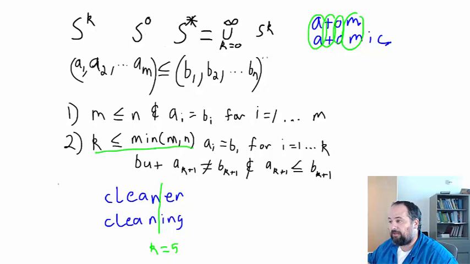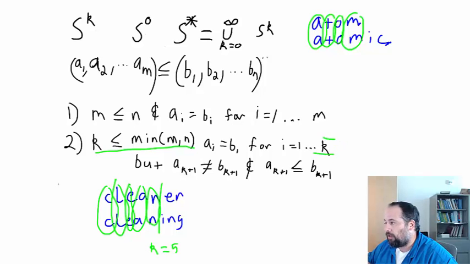So 5 is less than m, or n, doesn't matter. But 5 is less than 7. And it's saying for I equals 1 to k, right? So for I equals 1, A1 equals B1, true. A2 equals B2, A3 equals B3, A4 equals B4, A5 equals B5, right?